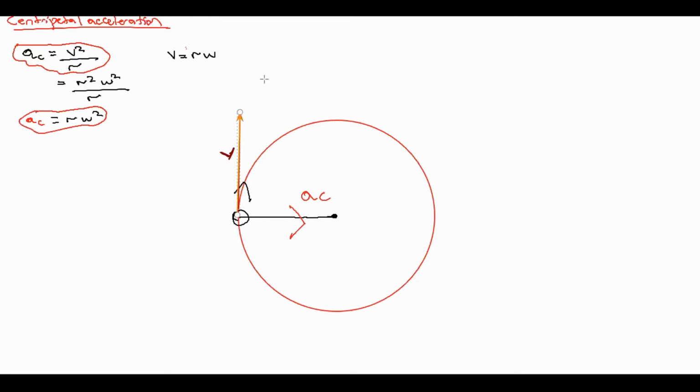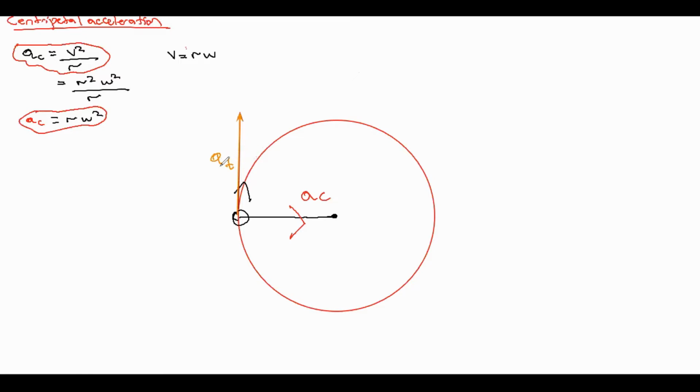You're just supposed to know what it is. You're not supposed to know a lot about it, because this is not a concept of A levels, basically. So we have tangential acceleration, with a small t, so we have a_t, and this is our tangential acceleration.